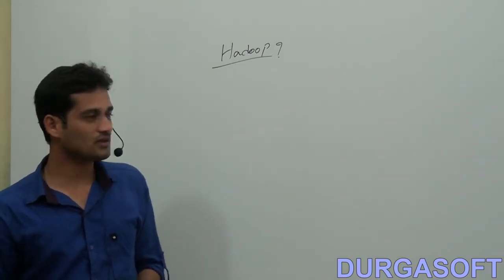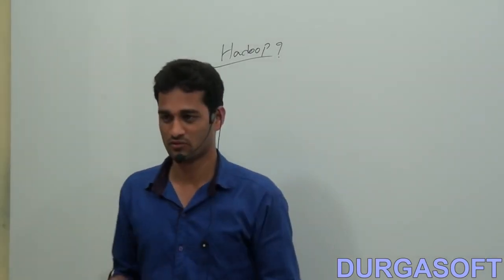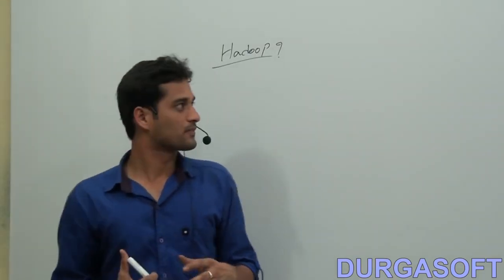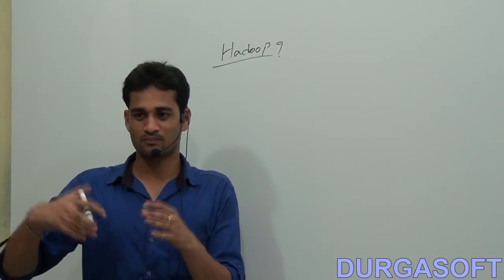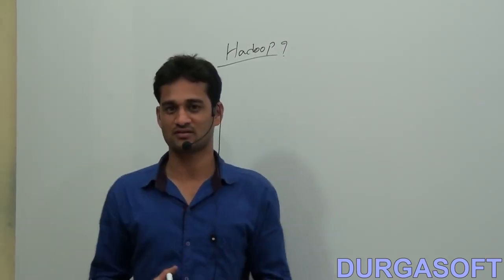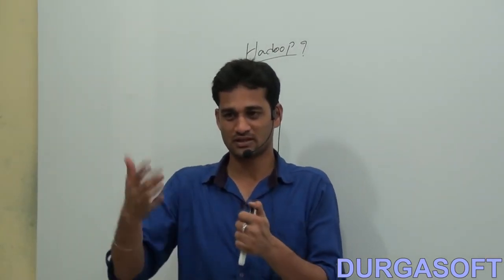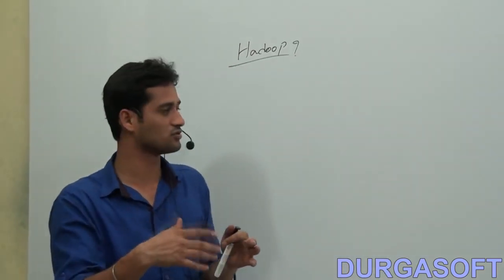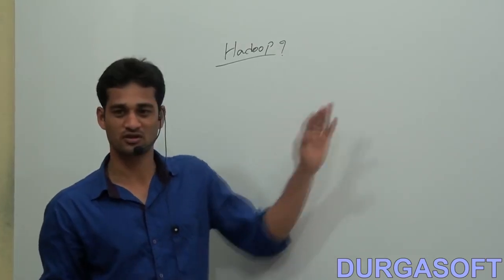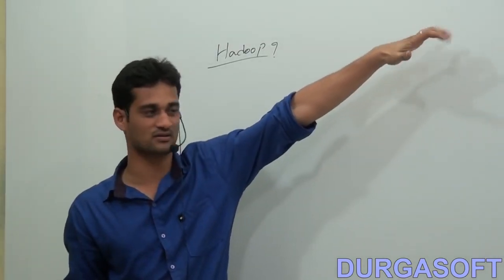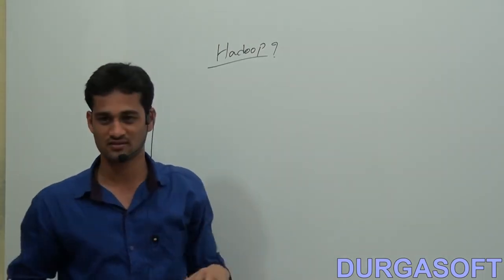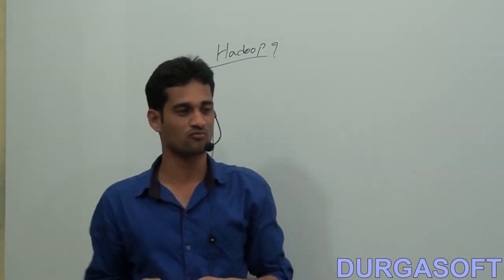Basically, before just starting this Hadoop, we will see something like this. Up to now, as we have seen, you must have proper storage capacity in your local file system. So better you can store your data in your local file system and process that much huge data. If you are storing that data somewhere else, fetching it back and processing it in your system, it would be more late, right?